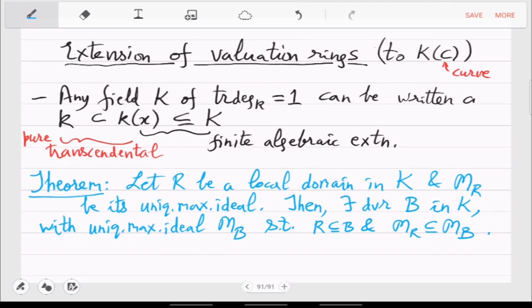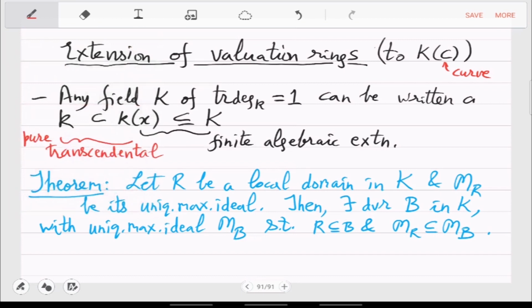Basically, the DVR that we got for small k(x), that is what we are calling R here, and any such R we can extend to B, which is a DVR for big K, and it will be extending R both for the ring and for the unique maximal ideal. This condition is also called domination.